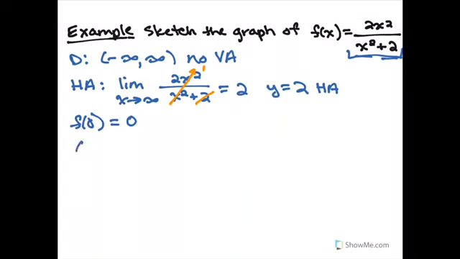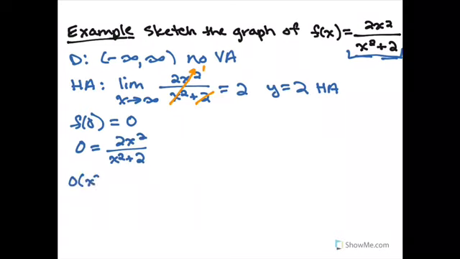X-intercepts occur when y equals 0. So if I set the function equal to 0, then if I multiply both sides by the denominator, zero times whatever just gives me 0.